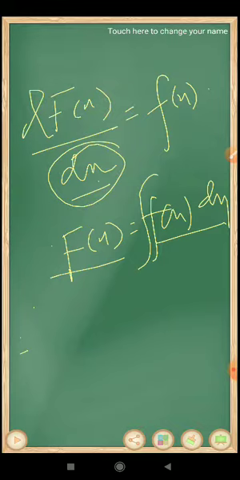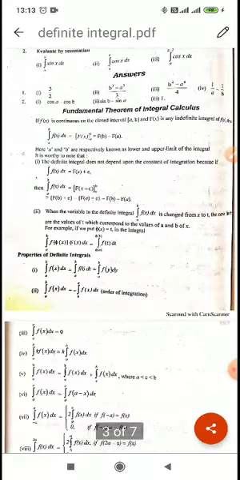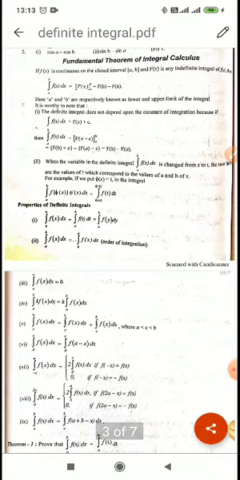Since the lower limit and upper limit are given, now we put F of b minus F of a. This is the upper limit, this is the lower limit. This is the fundamental theorem of calculus. See here it has done the same thing.